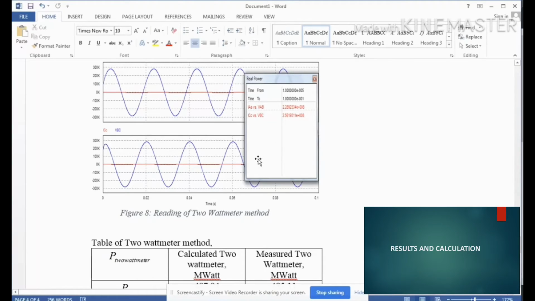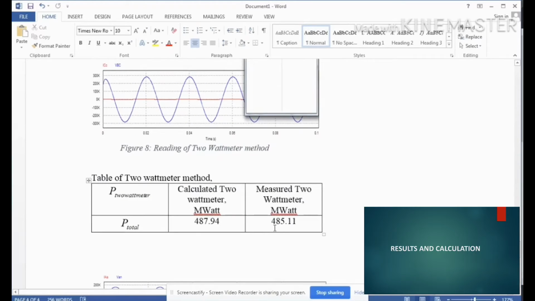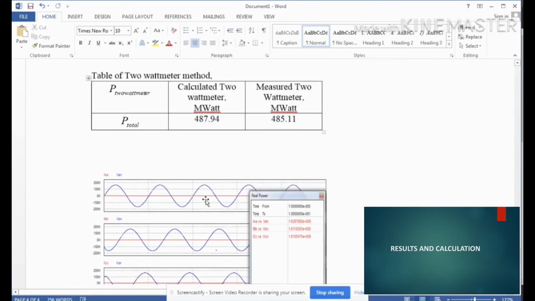And the total from P1 and P2 we got 485.11 megawatt, which is the value for 2 wattmeter; calculated and measured also have slightly different.